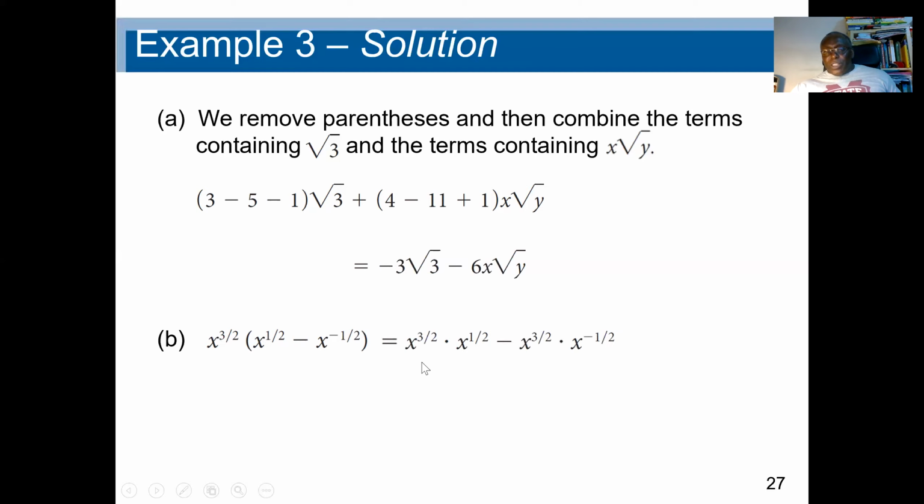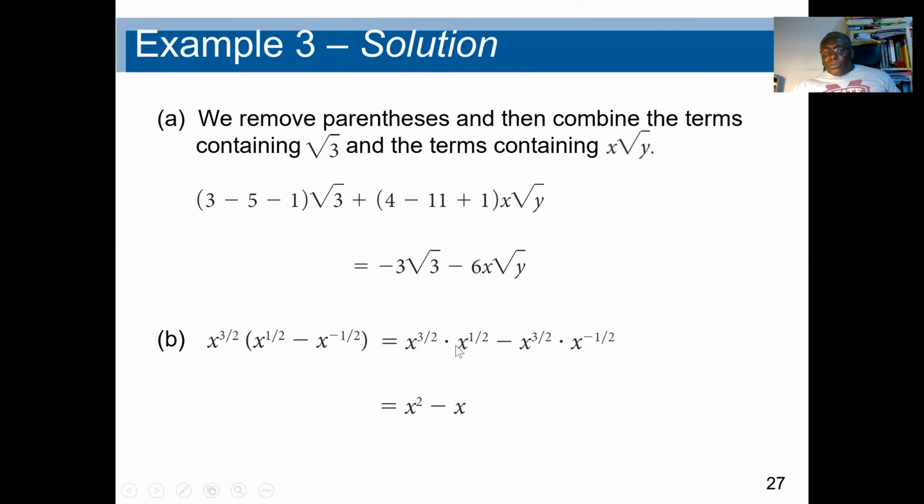It's up to us. So x to the power 3/2 times x to the power 1/2, minus x to the power 3/2 times x to the power negative 1/2. Now we can combine the exponents because it's multiplication. So it will be 3/2 plus 1/2, and here also 3/2 minus 1/2. And this is what we get.